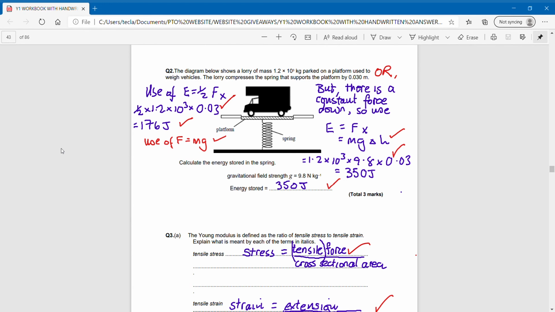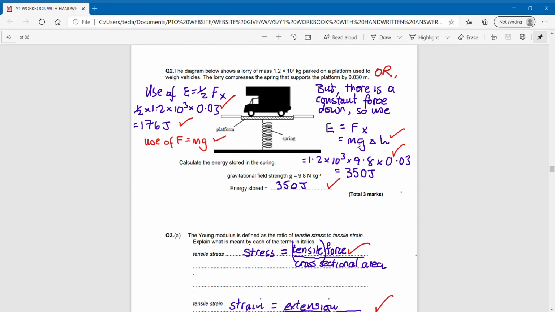So two approaches to this one. The one that I favour is to calculate the reduction in the gravitational potential energy and to assume that that energy is transferred to the spring. So the way to do that is, because there's a constant force acting, we can say that work done equals Fx, the energy gained by the spring equals Fx, force times extension.